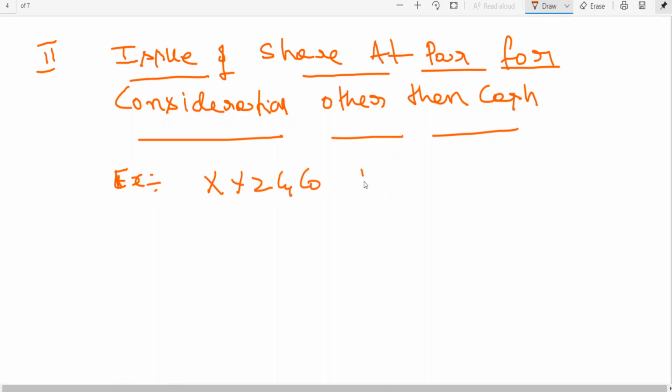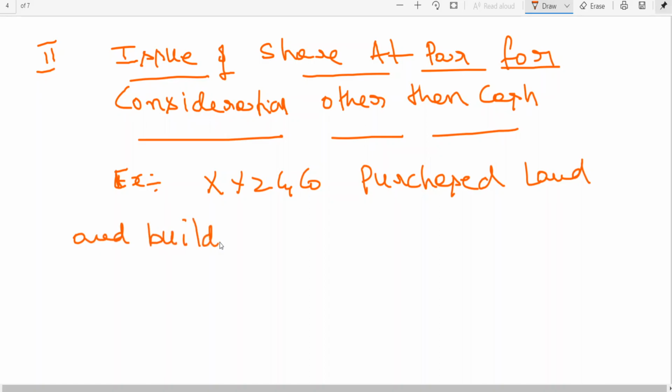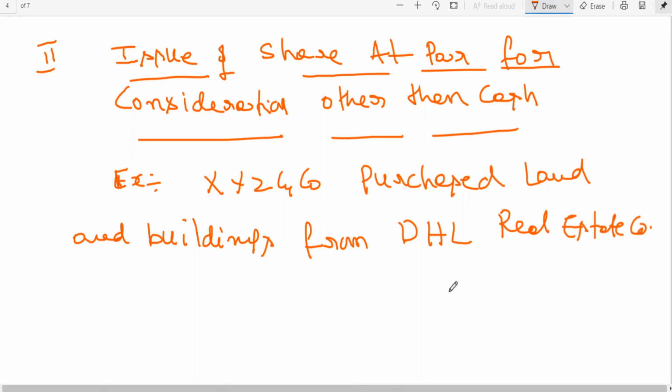XYZ and company purchased land and buildings from DLF Real Estate Company for rupees 10 lakhs.